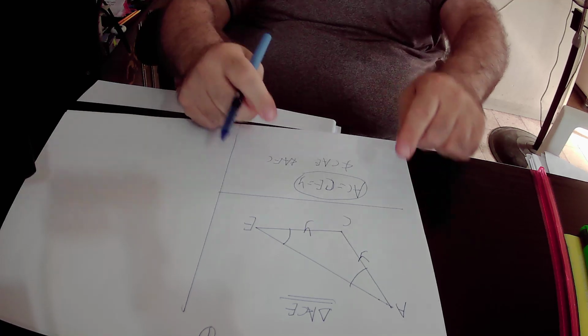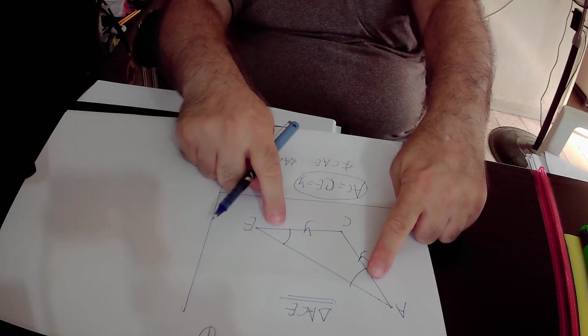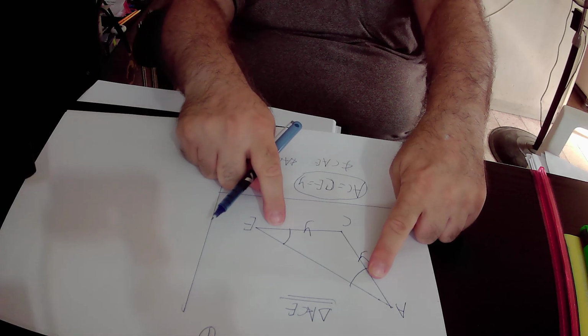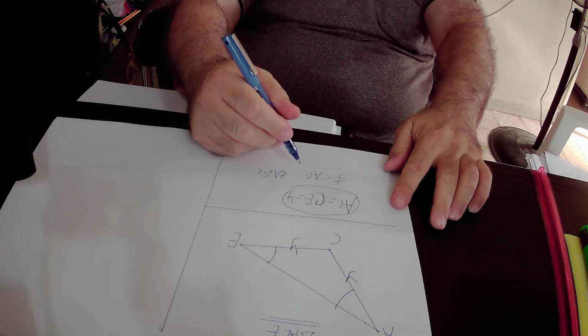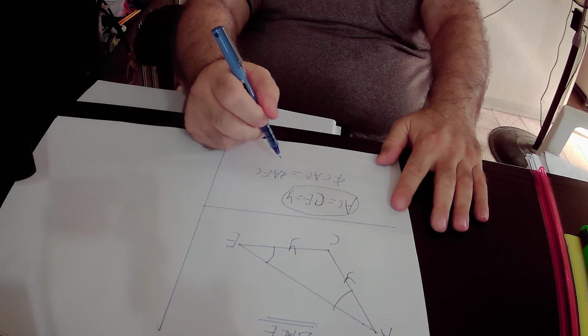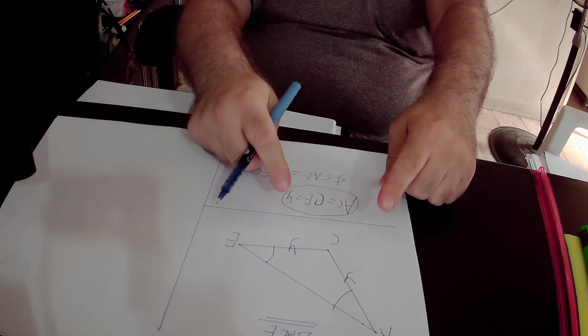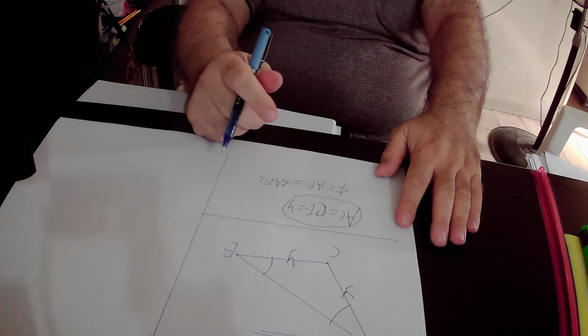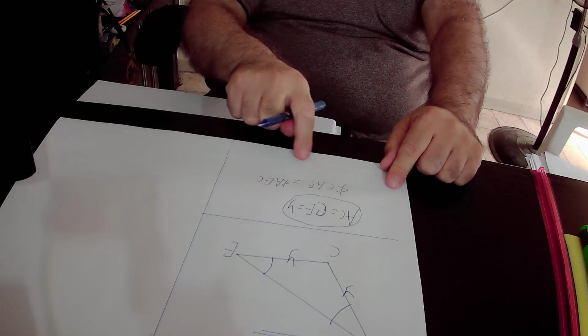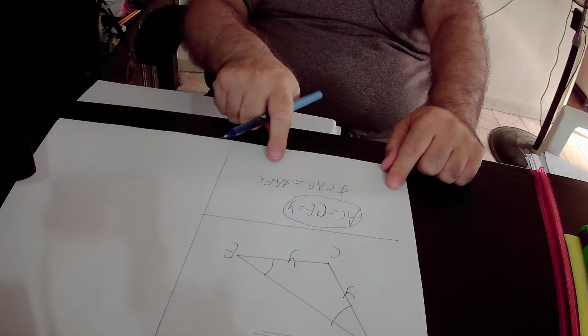So those two angles must be equal to each other because they are located in front of equal sides. So angle CAE equals angle AEC, according to the rule that in front of equal sides in the triangle there are equal angles.